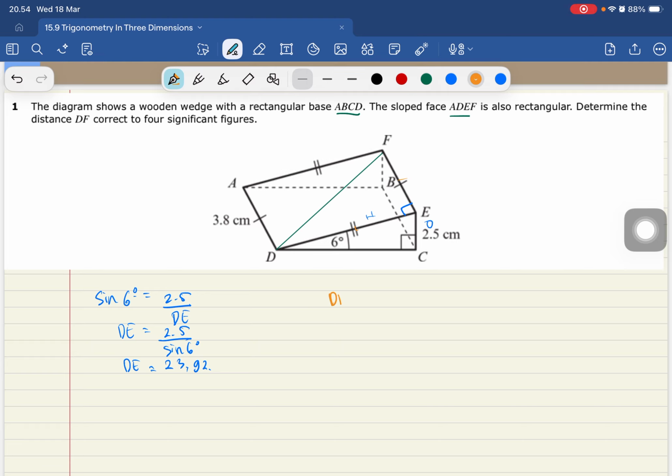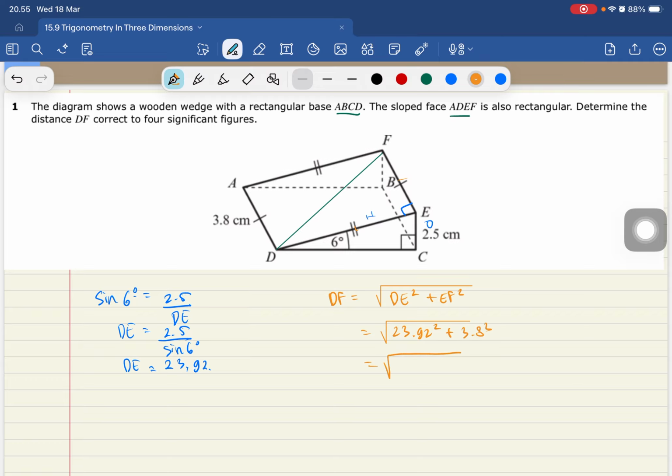As this is a right angle, we can use the theorem of Pythagoras. So DF is equal to the square root of DE squared plus EF squared. DE we got 23.92 squared, plus 3.8 squared. Let us find it with a calculator: 23.92 squared plus 3.8 squared.